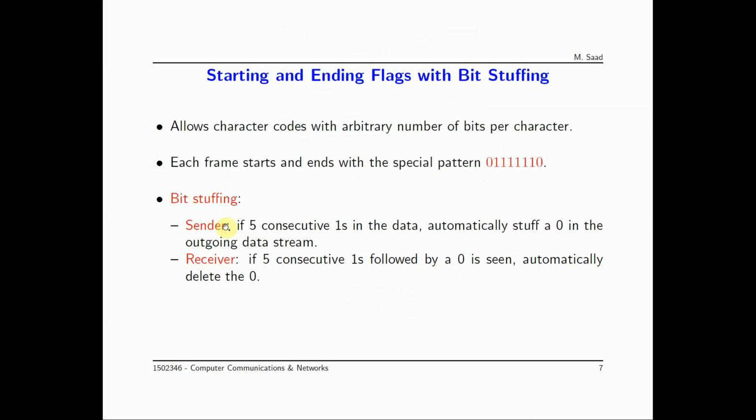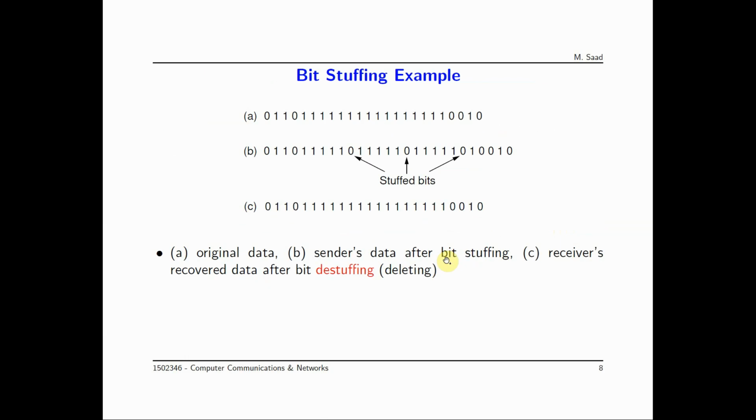At the sender side, if we have 5 ones, the sender automatically adds a 0 after the 5 ones in the outgoing data stream, in the outgoing frame. How does the receiver work? If the receiver sees 5 ones followed by a 0, automatically delete the 0, and this works all the time.